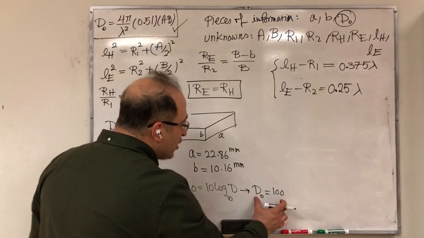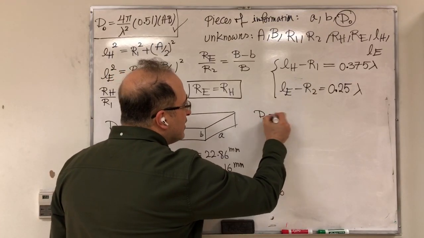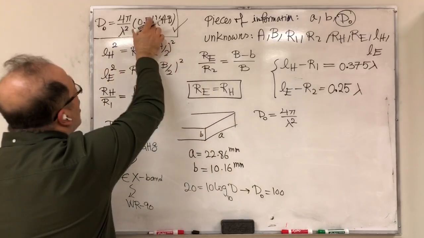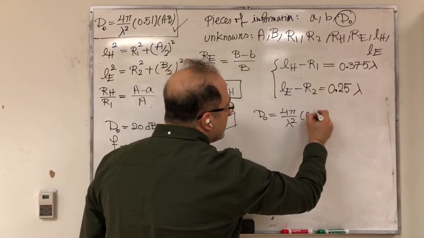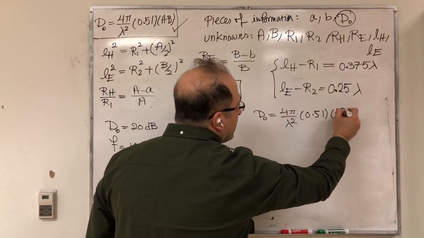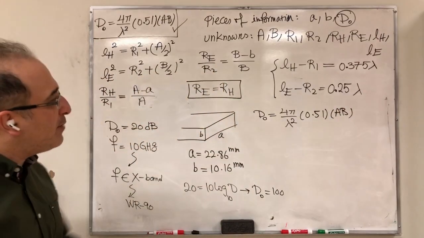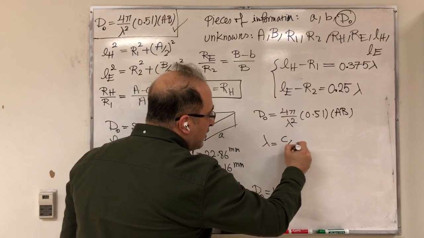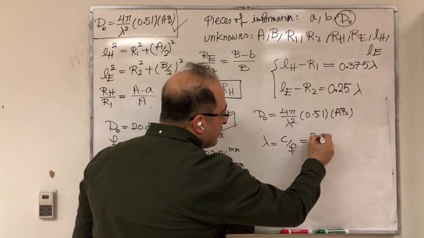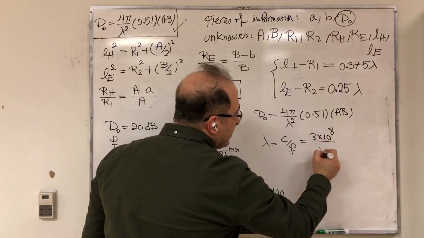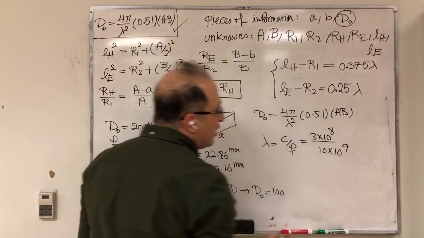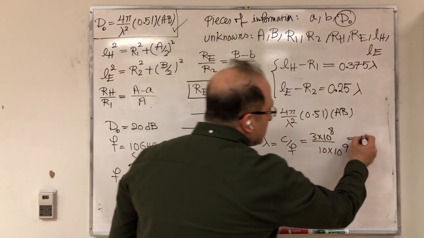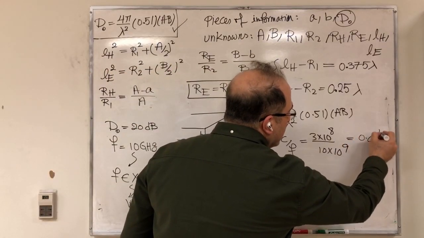Then I'm going to continue by saying D naught is 4 pi over lambda squared times 51% of capital A, capital B. And lambda I also know because lambda is c divided by f, approximately 3 times 10 to the power of 8 over 10 to the power of 9, and that's going to be 3 centimeter, which is 0.03 meter.